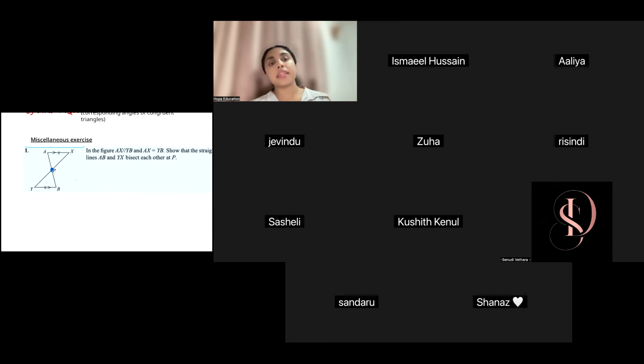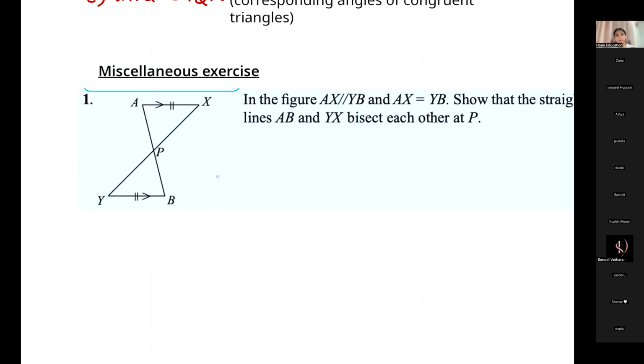What does it mean when we say bisect? Dividing equally, yes. Not always a triangle. It's like a line or something. Dividing equally, yes.